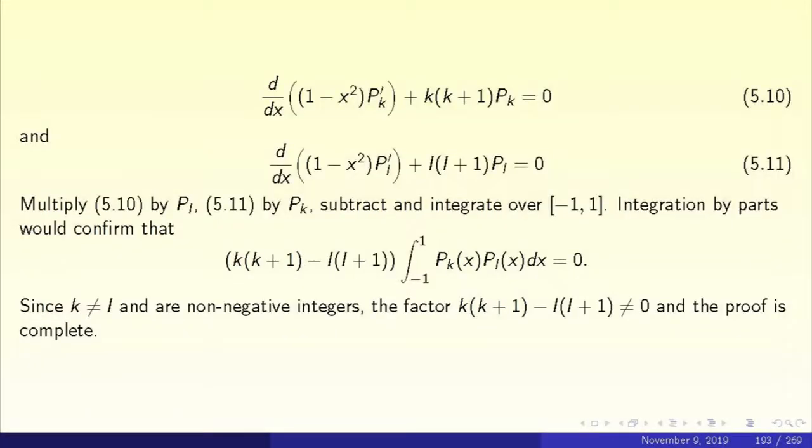So write it as d dx of (1 minus x squared) pk prime plus k into k plus 1 pk equal to 0, 5.10. And again for PL we get d dx of (1 minus x squared) PL prime plus L into L plus 1 PL equal to 0, 5.11. Multiply 5.10 by PL and multiply 5.11 by pk, subtract and integrate over -1, 1 and see what happens.